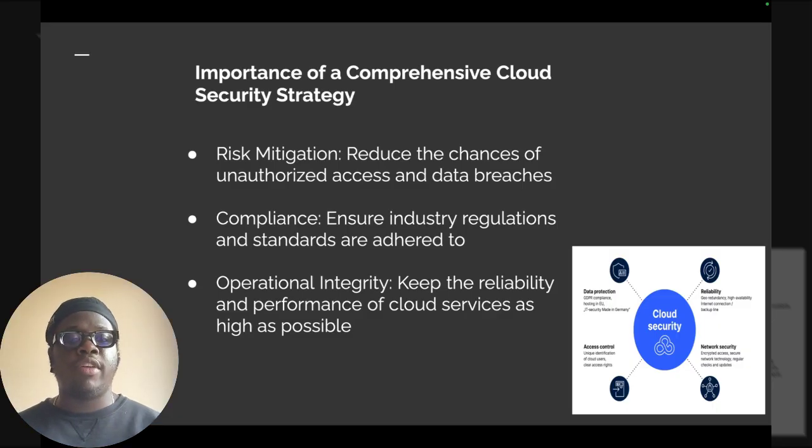Then next we have access control, which has to do with IAM, or identity and access management, which we're going to touch on later. It has the unique identification of users, clear access rights, and it enforces multi-factor authentication. And then lastly, we have network security, where data is encrypted both at rest and in transit, with secure network technology, and regular checks and audits.